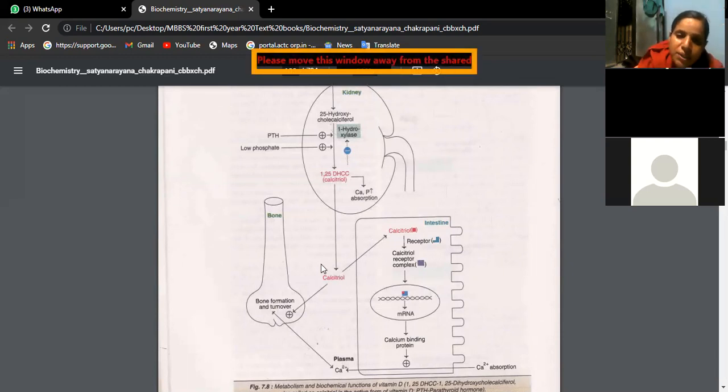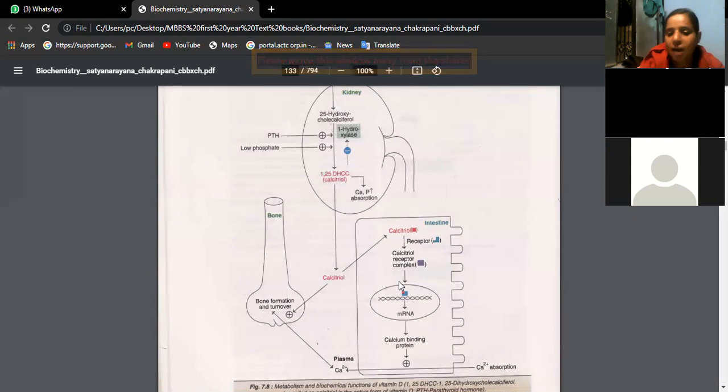This calcitriol, the active form of vitamin D, binds with the receptors present in the cytoplasm. So it shows hormone-like action, you see. Hormones also have receptors either on the cell membrane, in the cytoplasm, or on the nuclear membrane, as I told you when I was discussing hormones.